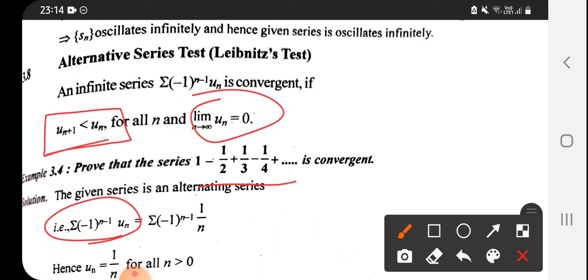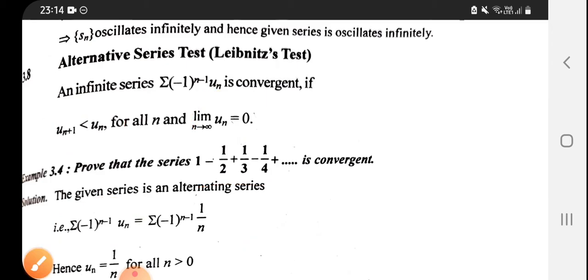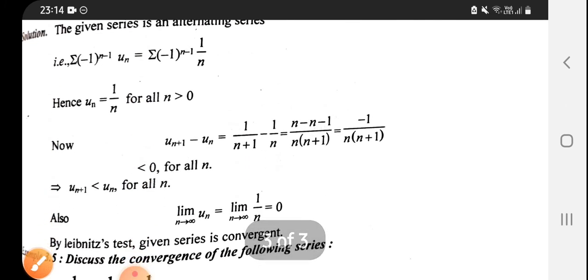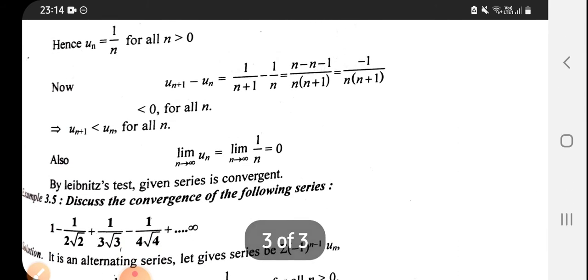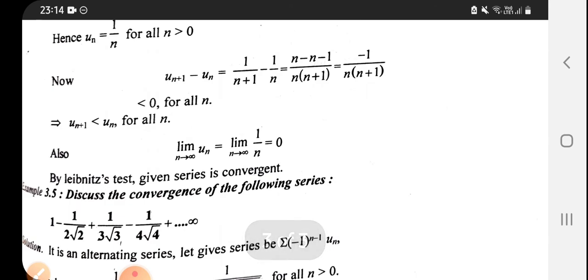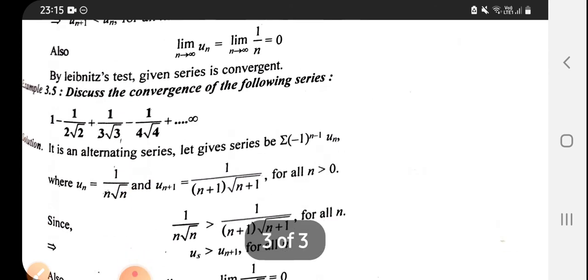This is the general term and un is 1 by n. As n tending to infinity, this un is equal to 0, so this condition holds, and every term is less than its preceding term. Similarly, un plus 1 minus un gives a value less than 0. That means every term is less than its preceding term.